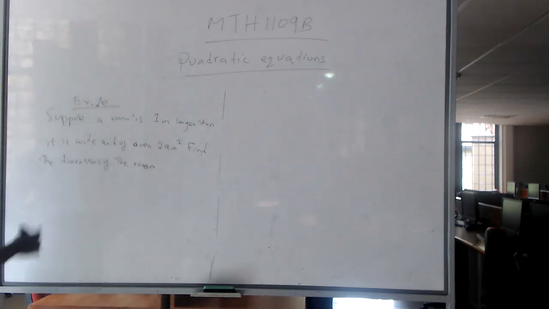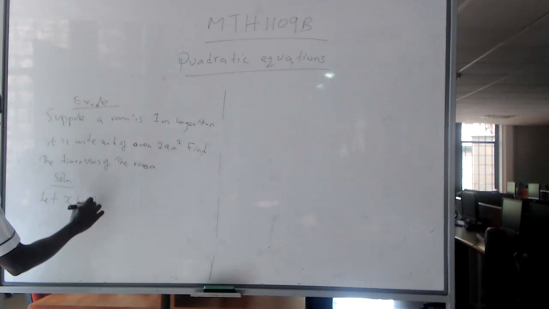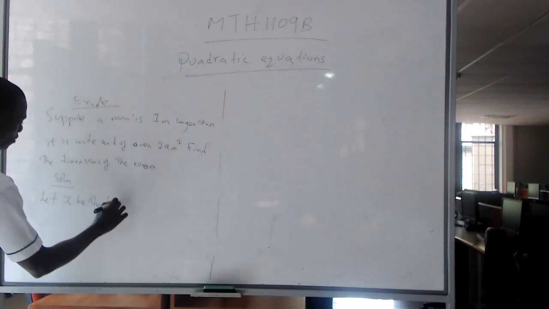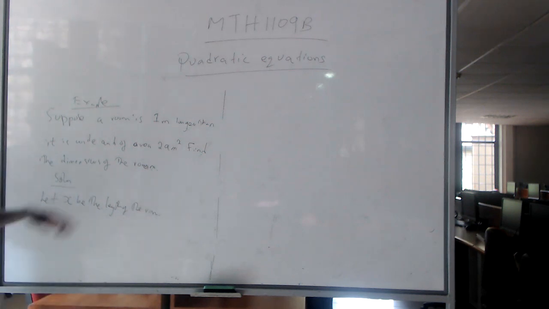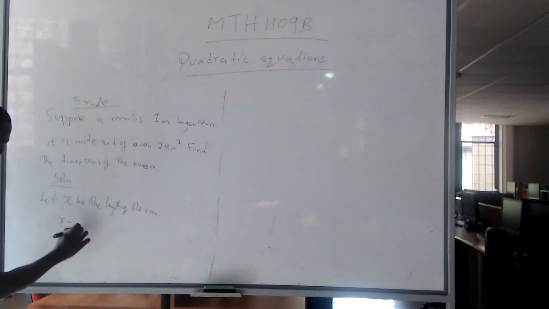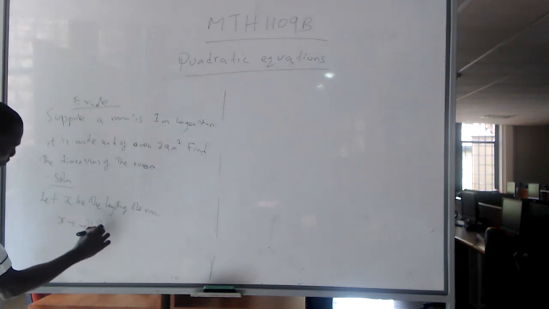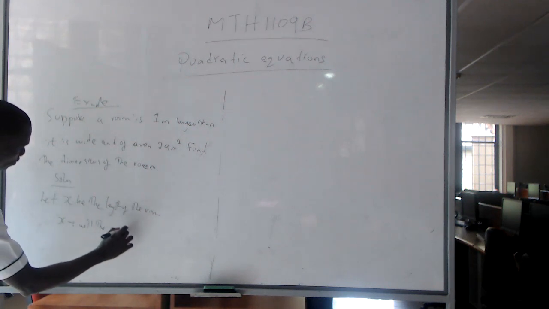Okay. So as usual, let x be the length of the room. We've been told it is 1 meter longer than it is wide. That means x minus 1 will be the width.